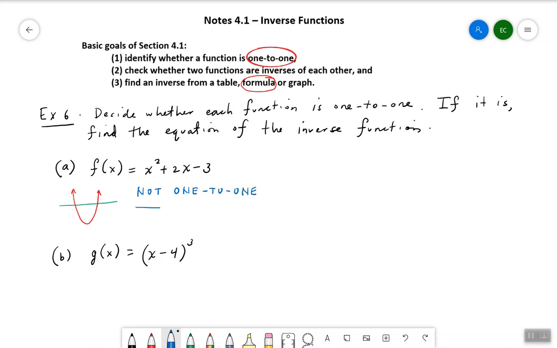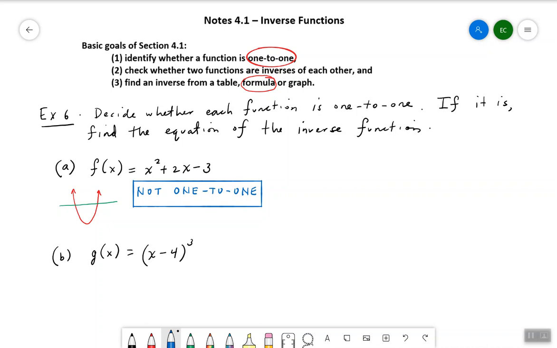And we can just stop right there. I want to mention in an earlier video when we were looking at y equals x squared, we said that it's not one-to-one, and then we went on and we restricted the domain so that we could define an inverse. And in theory, you could do that with this function as well, but that's not necessary.